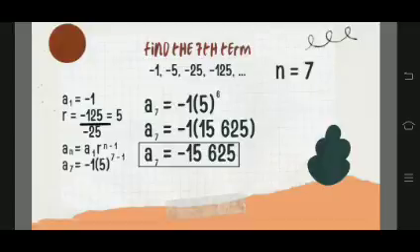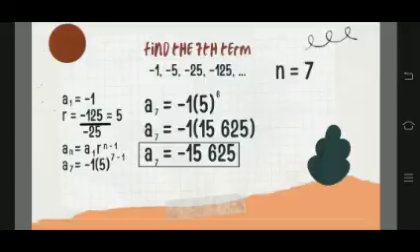Plugging in our givens, a sub 7 equals negative 1 multiplied by 5 raised to 7 minus 1. Simplify our exponent: 7 minus 1 is 6. A sub 7 equals negative 1 times 5 raised to 6. Solve the problem.